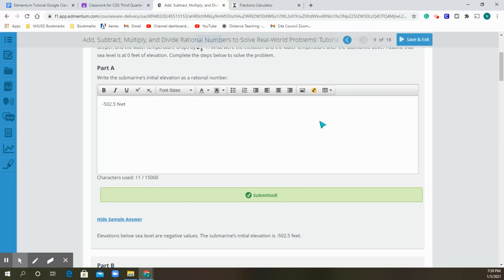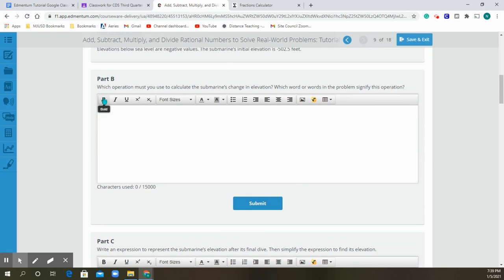Great, we're doing well. Okay, the next part says, which operation must you use to calculate the submarine's change in elevation? Which word or words in the problem signifies this operation? Again, knowing what we're trying to do. So, I would say that the problem states that the submarine dives down 115 feet deeper.